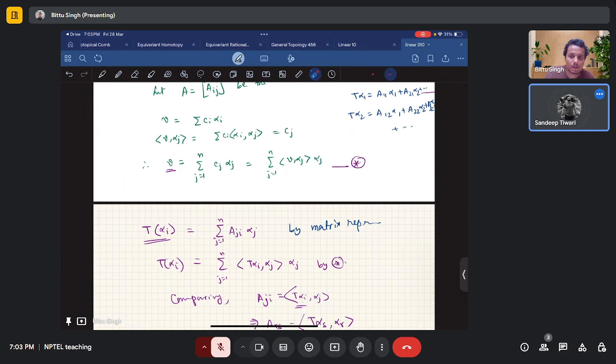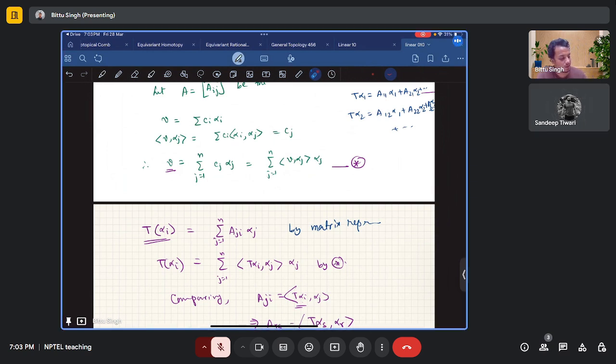Okay, sir. That's why I have started with V. Now you can replace this V by any vector. Since T alpha is also in V, we just replace it here. Any vector can be written as this. In particular, T alpha I also can be written as this. Yes, sir. So those steps are actually not needed.